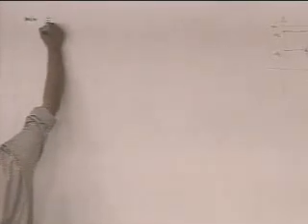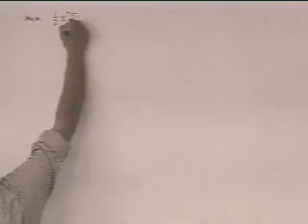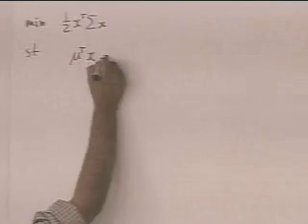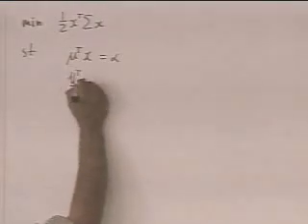You are minimizing 1/2 of x transpose sigma x such that mu transpose x is equal to alpha and 1 transpose x is equal to 1.